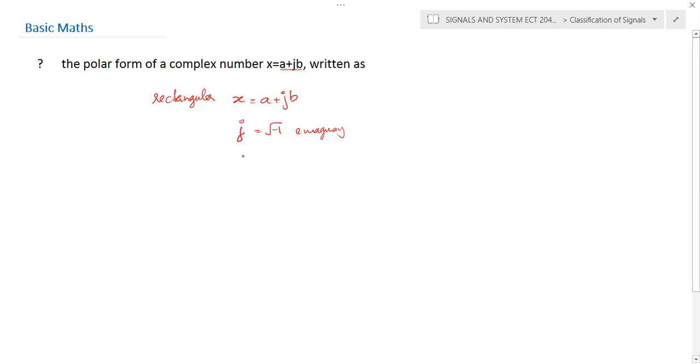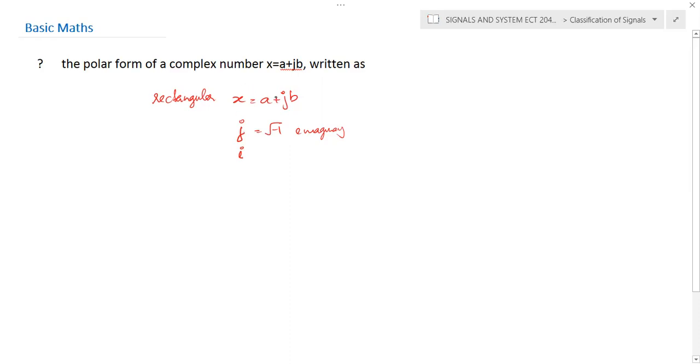But normally in mathematics, we use the notation i for representing the imaginary number. But in electronics and communication, normally this i is used to represent the current value. So we will use the letter j to represent the imaginary number. So throughout our discussion, you can expect j for representing the imaginary number.